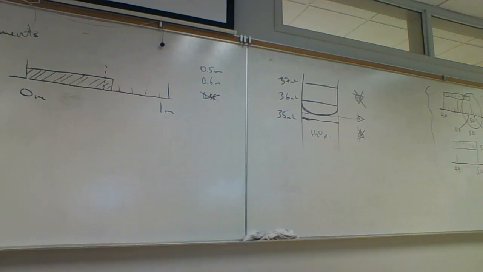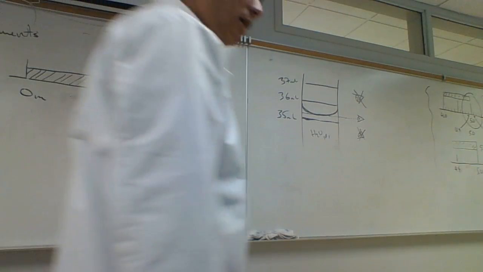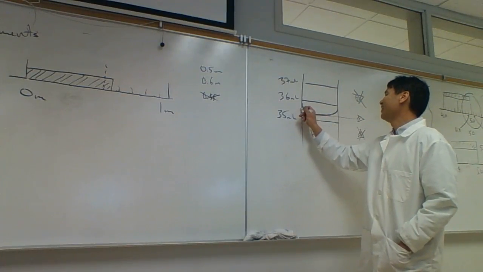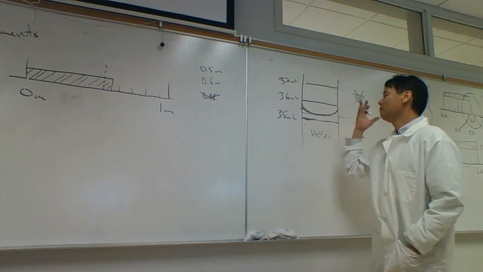35 point. Okay, so we got a little bit of variation. Some people say 35.3, some people will say 35.4. It's hard because we're eyeballing it, so we cut it in half here, mentally.